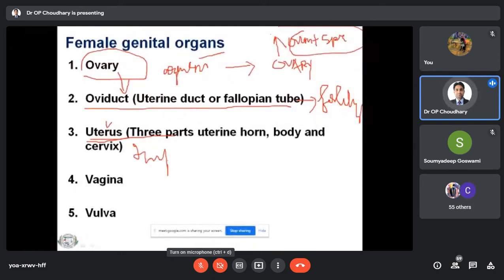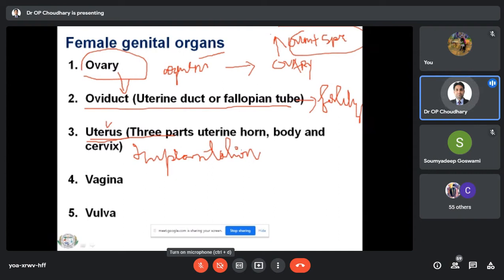What is going to be implanted here is the blastocyst. When I start embryology, I will explain it. Implantation means that in the uterine wall, the blastocyst is usually engulfed by the uterine layers.